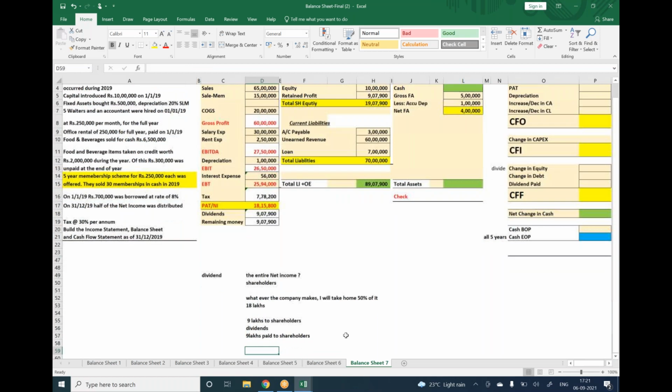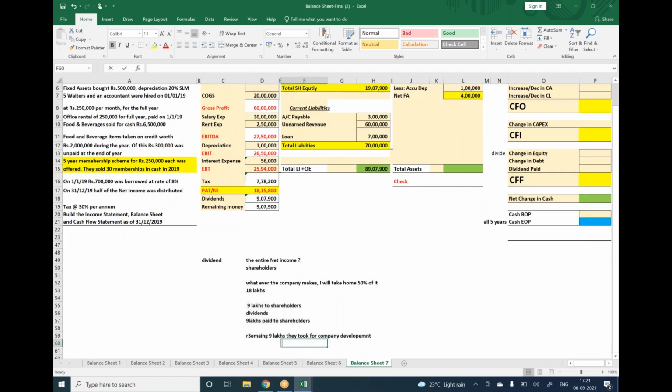Remaining 9 lakhs, what happened? They took it for the company's development, and that is called reserves and surpluses, or retained profit.